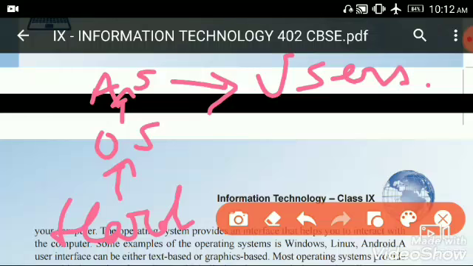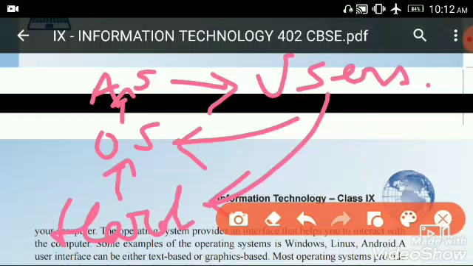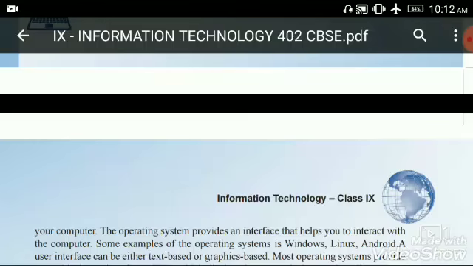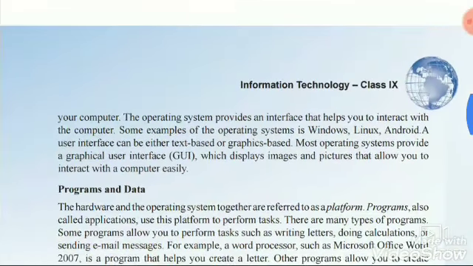Users can directly interact with the OS also, but without the OS we cannot interact with the hardware in our system. So the operating system provides an interface that helps us to interact with the computer.